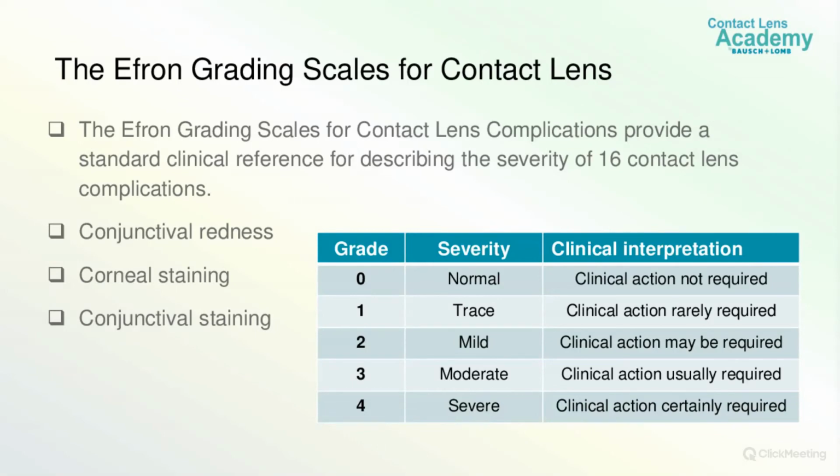The Efron grading scale covers 16 contact lens complications, but for screening for dry eye disease we use this scale to evaluate the three most important structural changes: conjunctival redness, corneal staining, and conjunctival staining. The general interpretation of each grading step is shown in the table below.